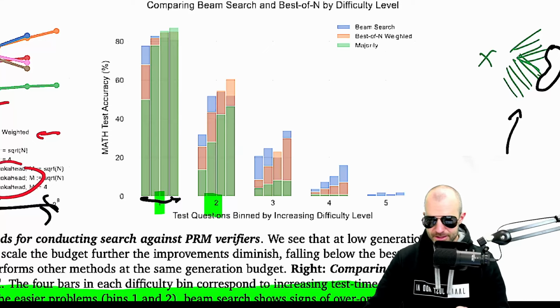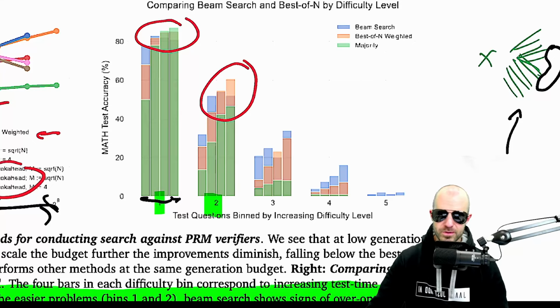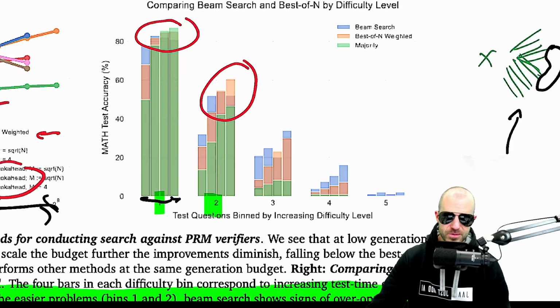So they say, okay, beam search might have some troubles if you give it more compute budget. You can faintly see here behind that even majority is beating beam search, and also the orange, the best of n, is beating beam search. Also here at the higher compute budget, it's beating the beam search, and it does so more as you give it more compute budget. So they say this is over-optimization, which is a thing that can happen if you have a reward model and you give lots of compute to a process that optimizes that reward model.